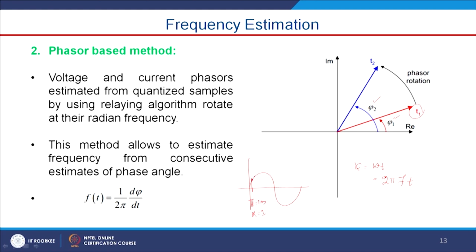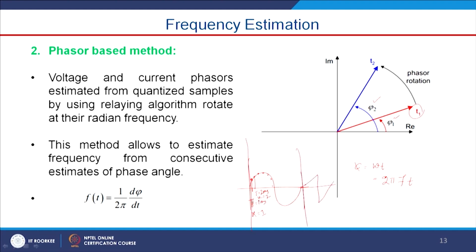We have the phasors, the corresponding samples and the corresponding angle that we are taking here. So, at time t is equal to 1 millisecond, k is equal to 1, and next t is equal to 2 millisecond and k is equal to 2. If we take the angle of this particular signal, the angle looks like this.